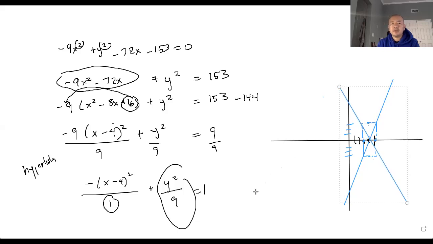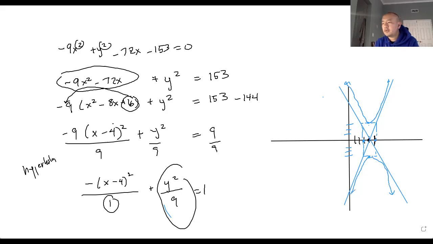Okay. And again, since the y is the major axis, because that's the positive, it's going to be going up and down. So we're going to draw the hyperbolas pointing up this way and pointing down this way.